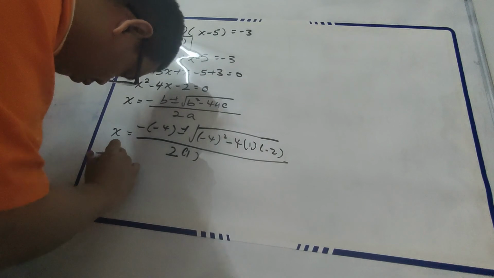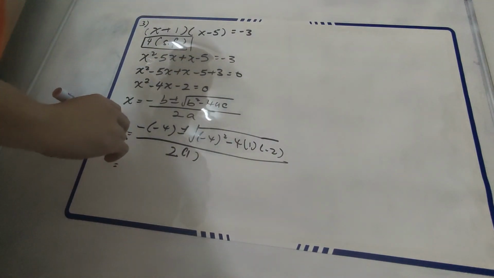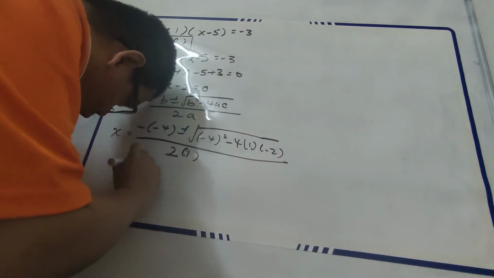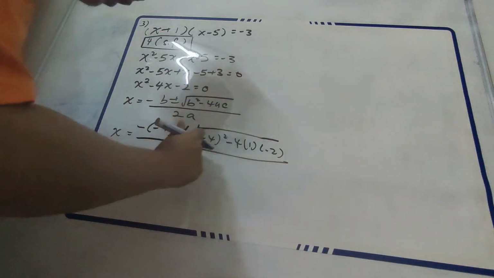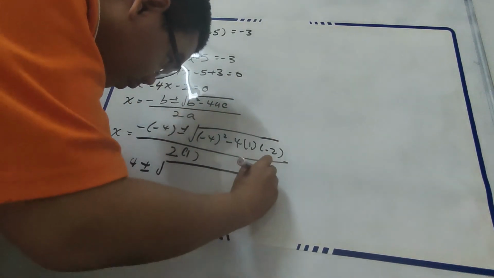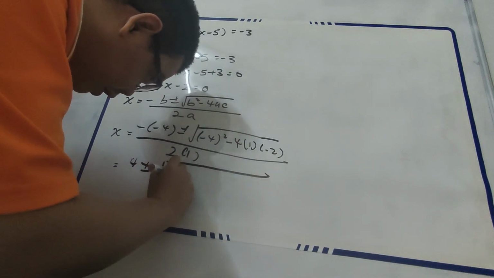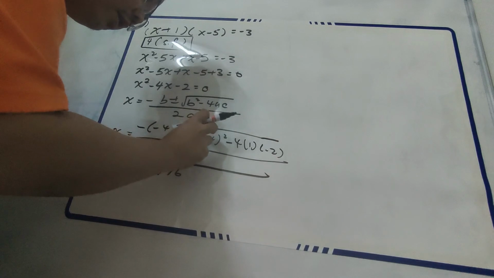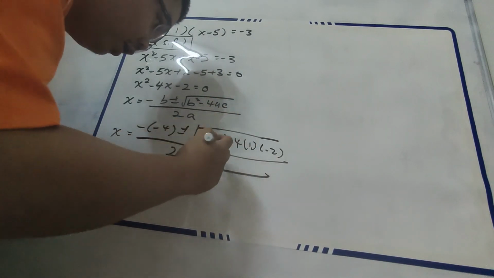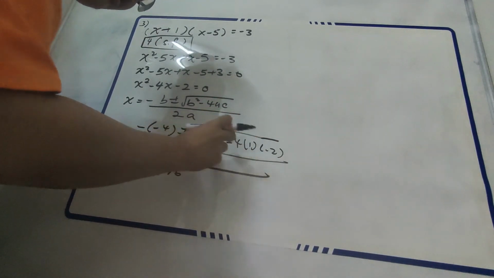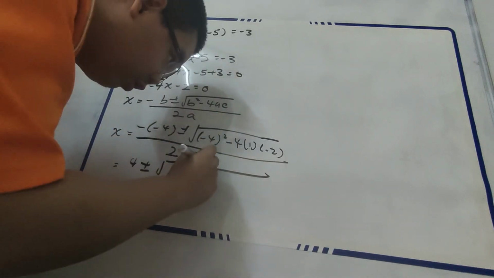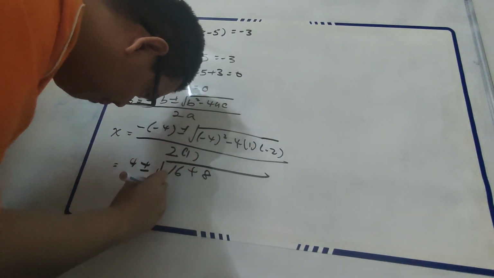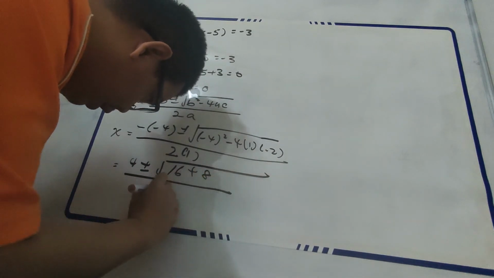So it is equal to 4 plus or minus the square root of, let's simplify, 16, because it's a square, minus a negative becomes positive, minus times minus, so plus 8, then divided by 2.